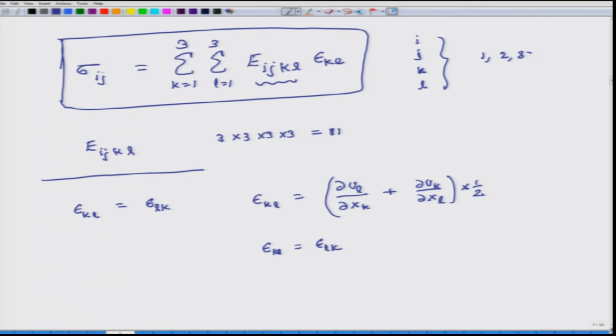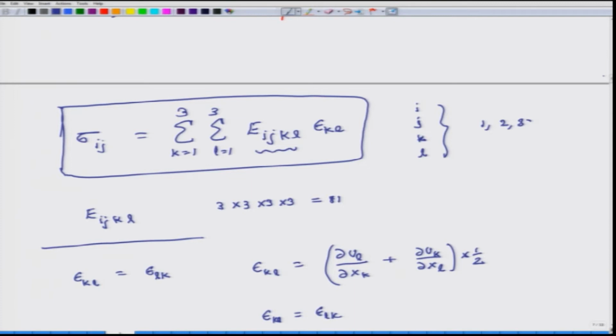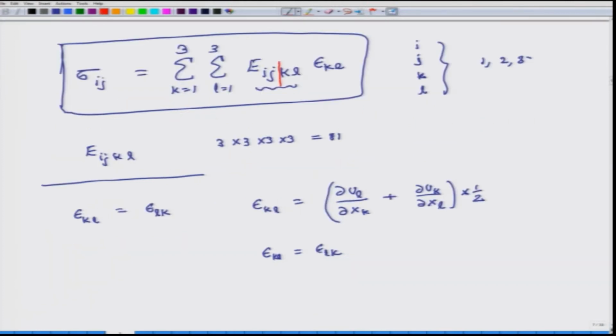What that means is that if epsilon_LK is equal to epsilon_KL, then the number of independent constants in this block K L will not be 9. If this equivalence was not true, the number of independent constants involved with subscripts k and l would be 9, 3 into 3. But now, if there is a 3 by 3 matrix, this matrix will be symmetric, which means that there will be 6 different possible combinations, not 9.